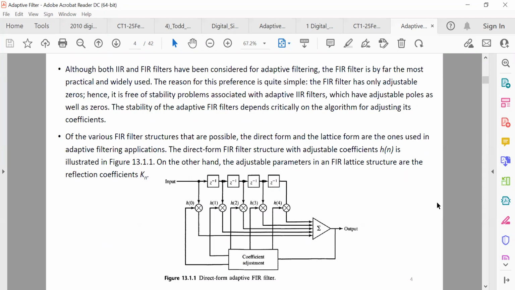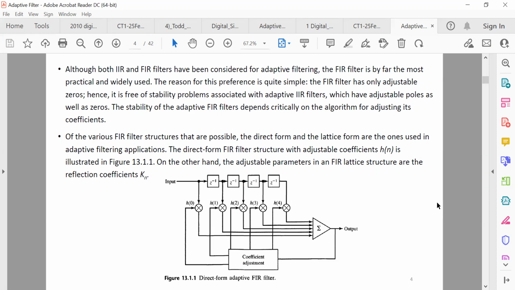See, we have two types of filters, like IIR or FIR. IIR means infinite impulse response, and FIR is the finite impulse response. So these two types of filters can be used for adaptive filters, but IIR has got more complications than FIR.